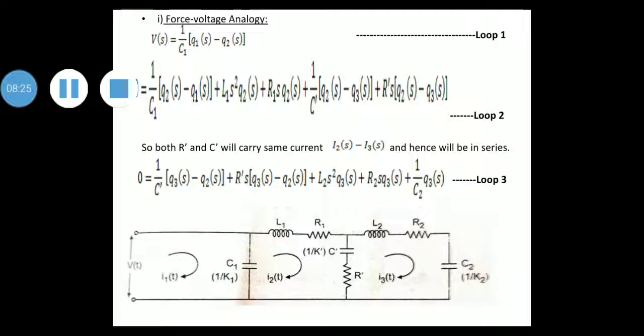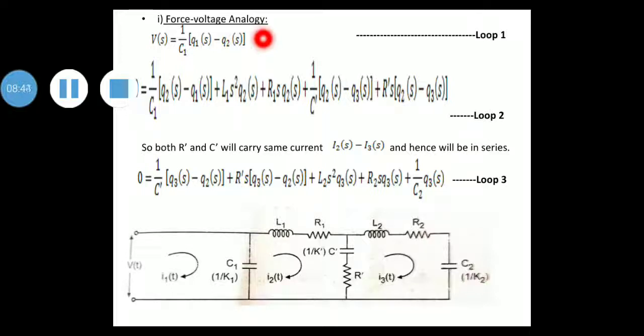Okay, so with this we'll go for force voltage analogy. What we can write: V of s equals 1 by c1 times q1 of s minus q2 of s. This has been written using FV analogy. We have to refer to the FV table and replace the mechanical element terminologies with electrical terminology.